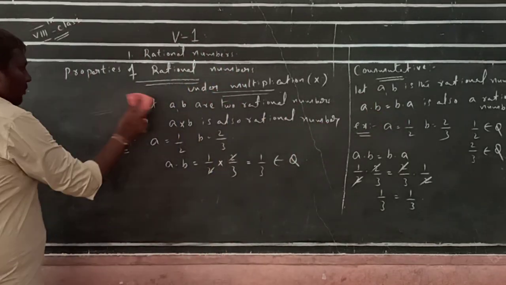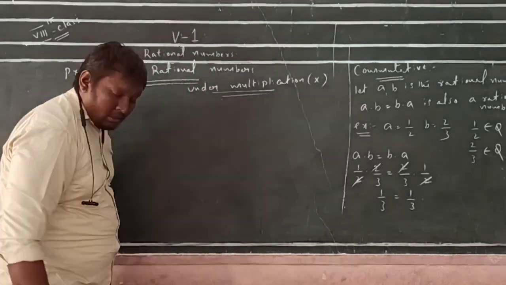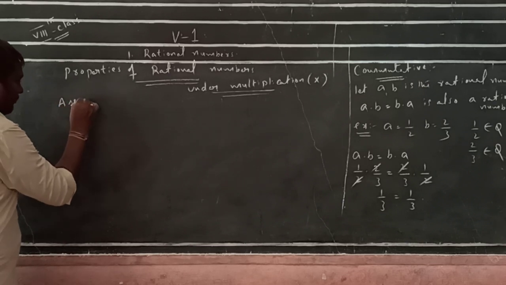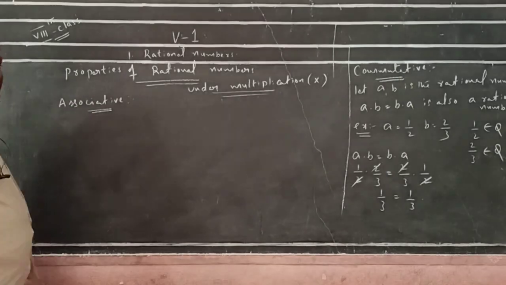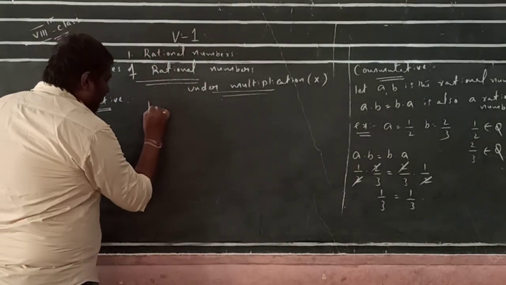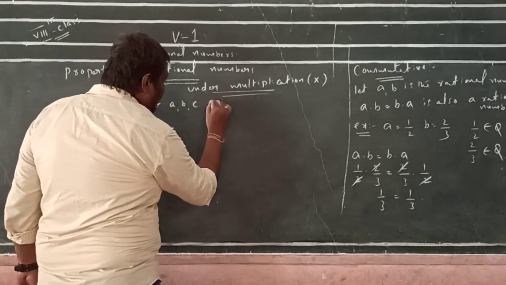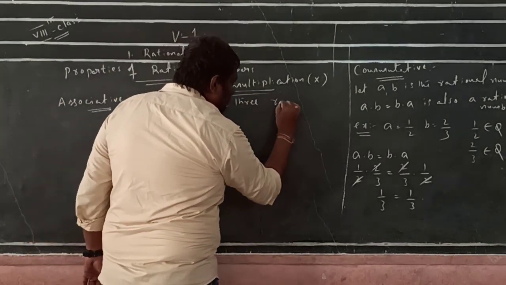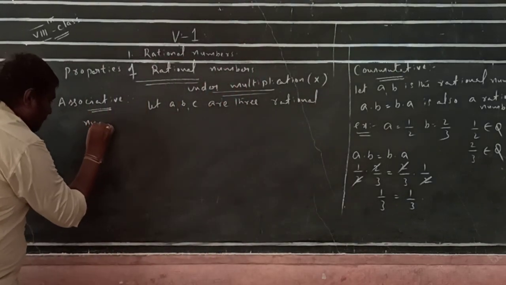Okay, next, what is the property? What is the next property? Is associative property. Here in associative property we take three variables. Let A, B, C be three rational numbers.